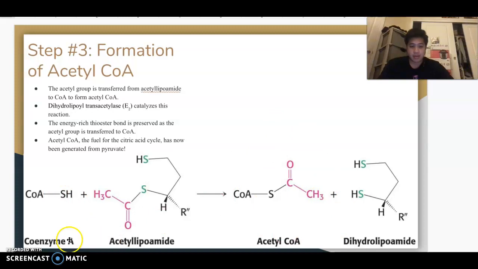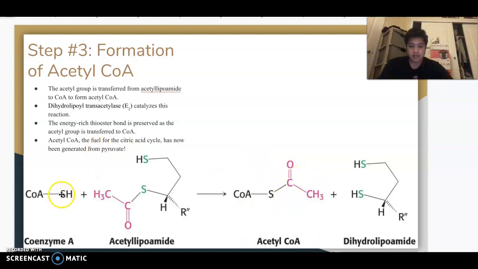Just to break this down again, you have your coenzyme A here, and you have your acetyllipoamide, and it's transferred. As you can see here, the hydrogen over here is placed on the dihydrolipoamide, and the acetyl group gets attached to CoA.